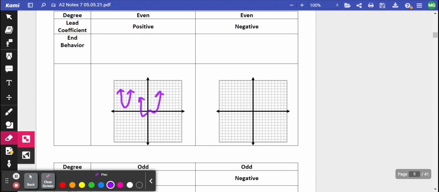So what we know about the end behaviors is that they'll both be going to positive infinity. So we can say as x approaches infinity, f of x approaches infinity. And as x approaches negative infinity, f of x also approaches infinity. They both go up forever and ever and ever.